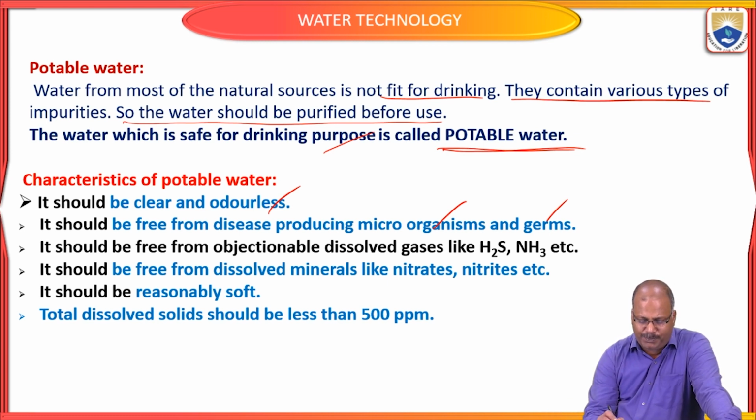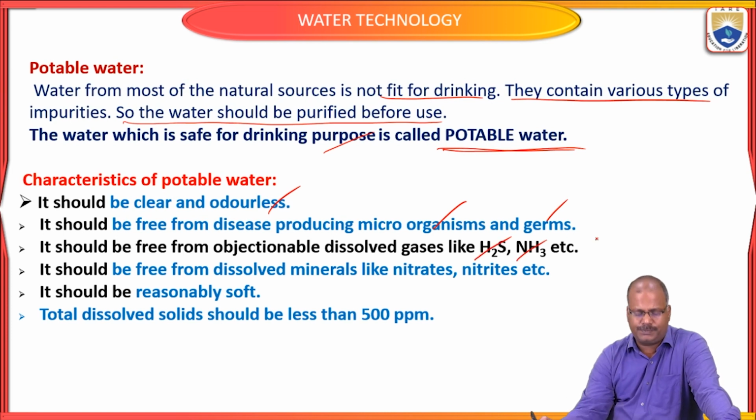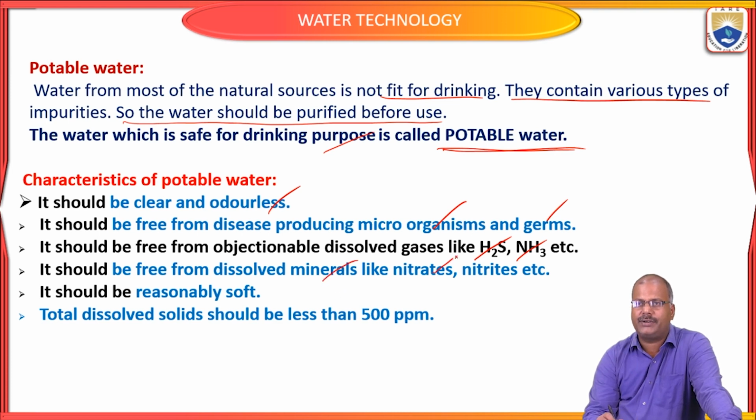It should be free from objectionable dissolved gases like H2S, ammonia, etc. It should be free from dissolved minerals like nitrates, nitrites, and it should be reasonably soft. And total dissolved solids should be less than 500 ppm.